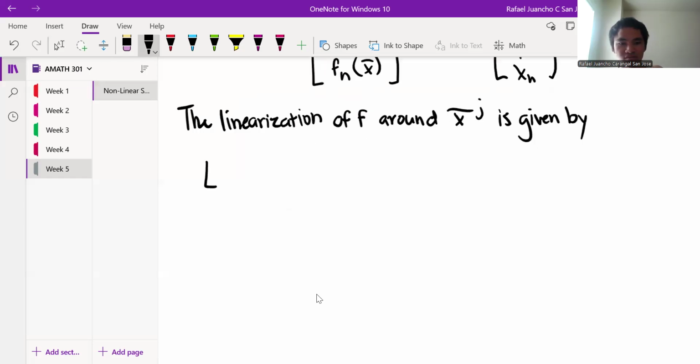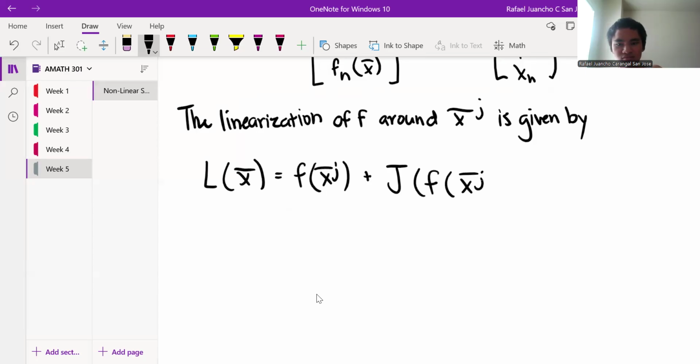So we say L, and now we get that vector. This is equal to our f of that. So that's the first iteration. And then here we use a Jacobi.